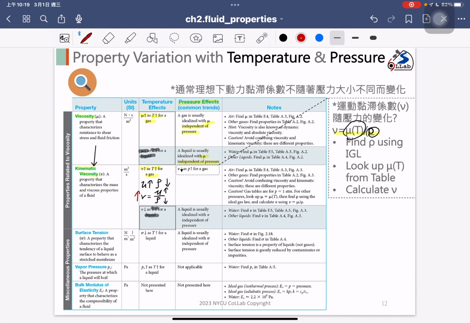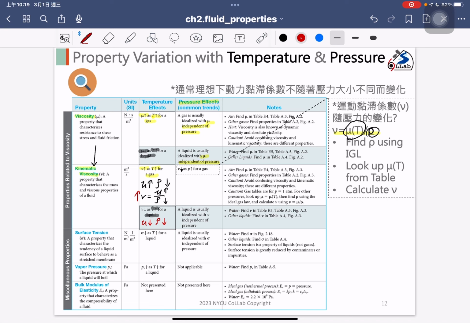So we reconsider the condition for the liquid. Again, when the temperature increases, the viscosity will decrease, right? This is for the liquid. And we still know the density will also decrease.